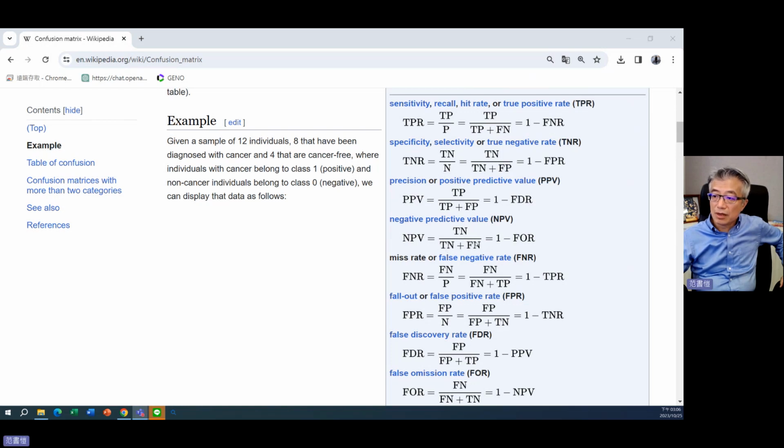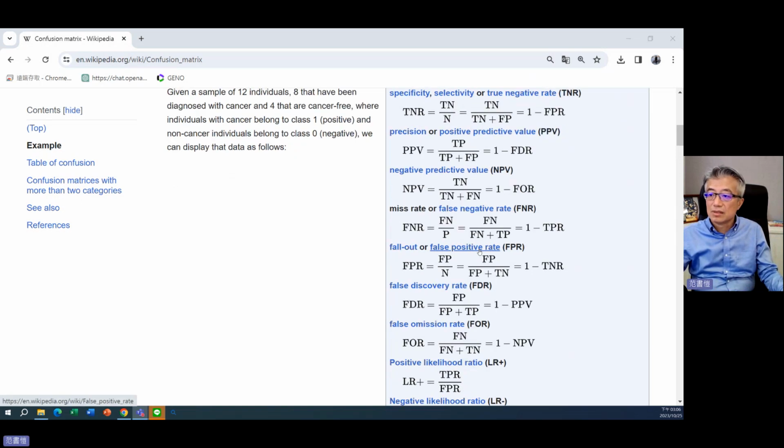So in the denominator is true negative plus false negative. So how many instances we predict as a negative, and the numerator only puts the portion we predict the negative correctly. Then the remaining will be related to the above measure.